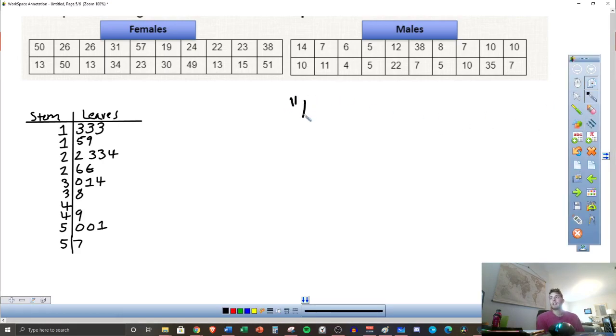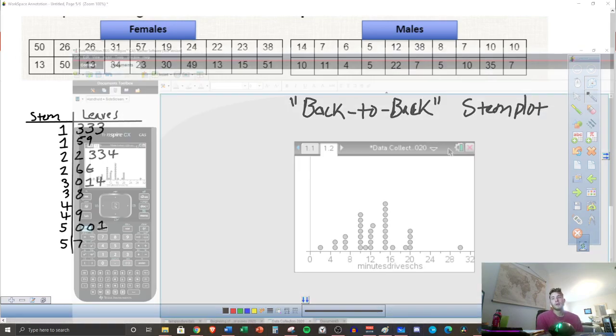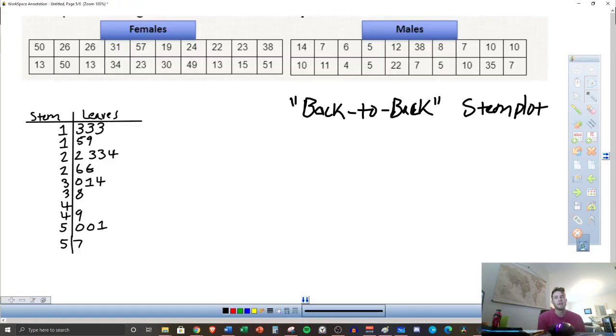Now we want to create what's called a back to back stem plot. And this is our equivalent to this graph here, how we're going to be comparing two distributions. So it's equivalent to these two dot plots that we compared.